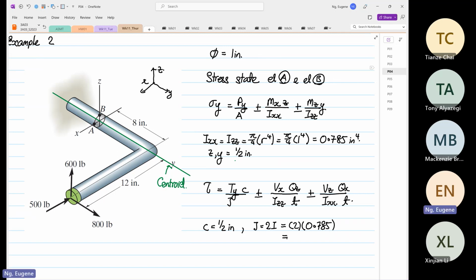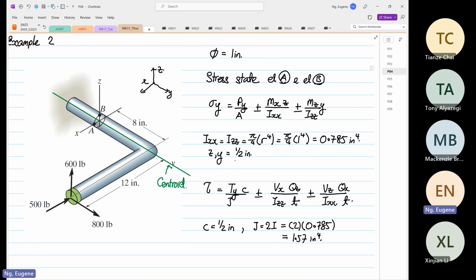Pi divided by 4 is 0.785, times 2 is 1.57. Okay, so get all this information out as quickly as possible.